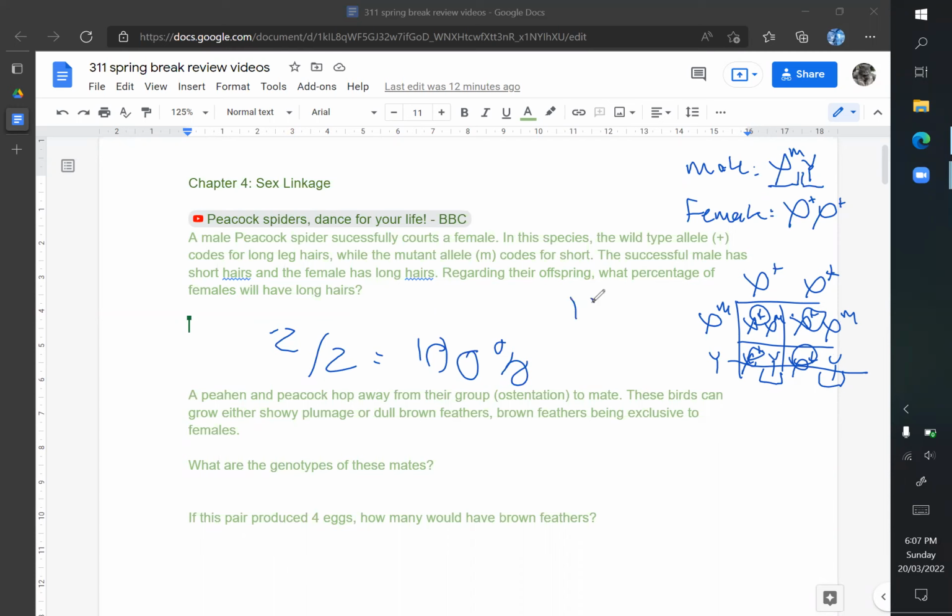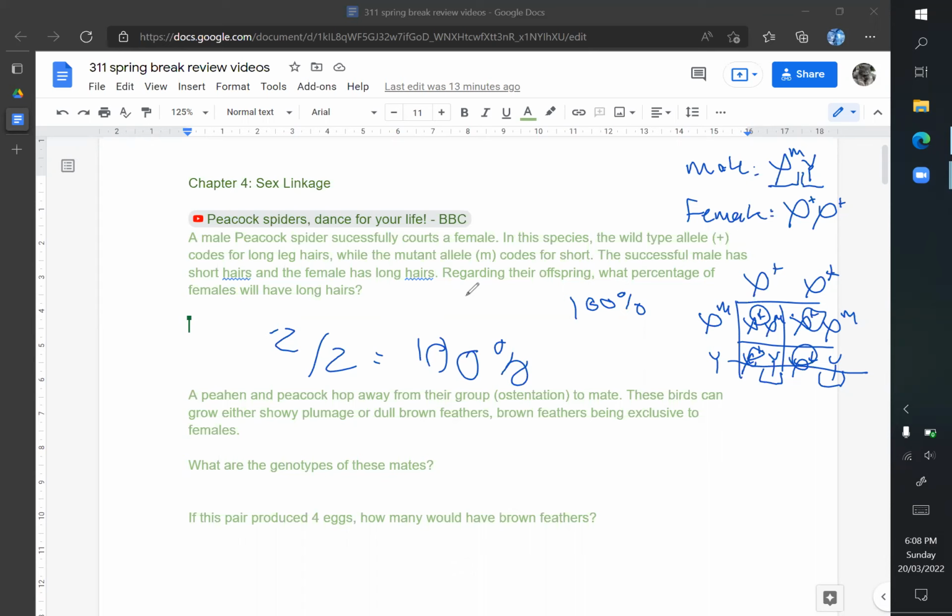And we see that 100% of them actually will have long hairs. And why is this? This is because it's X-linked dominant. I'm not wording that properly, but you get the point.